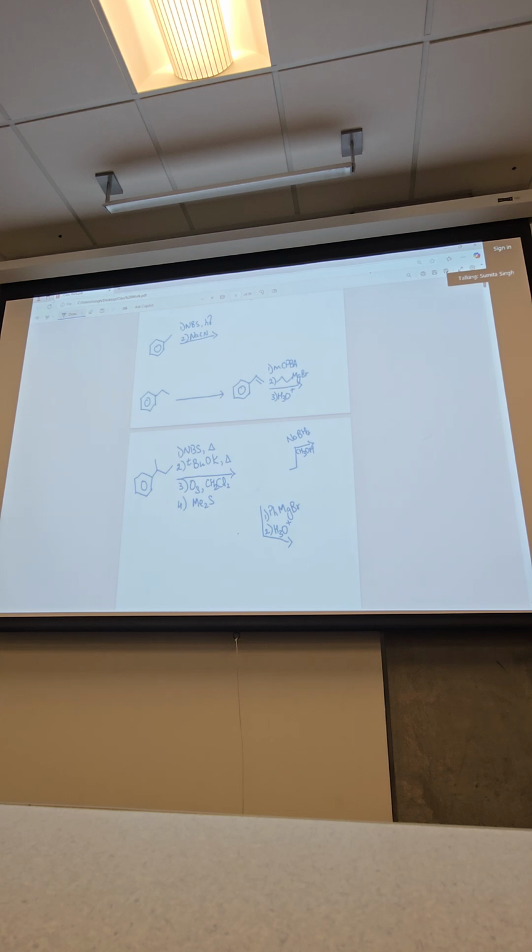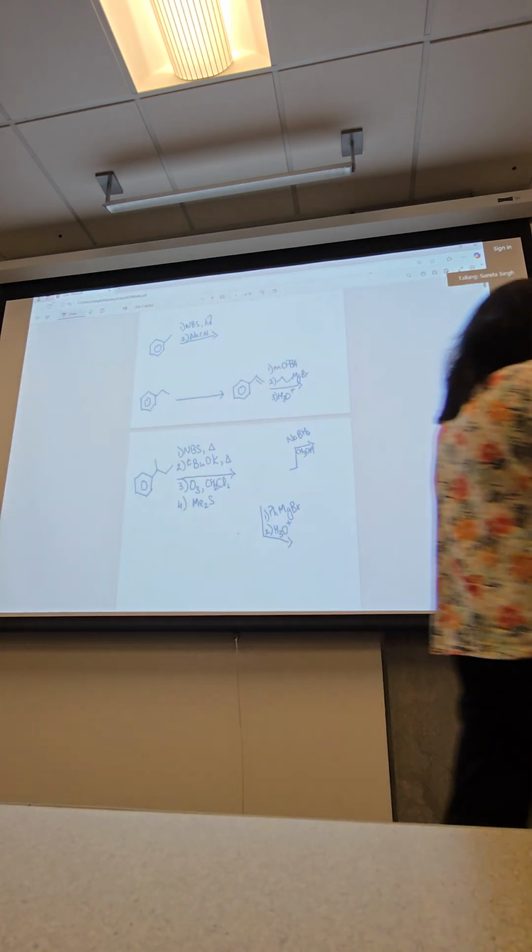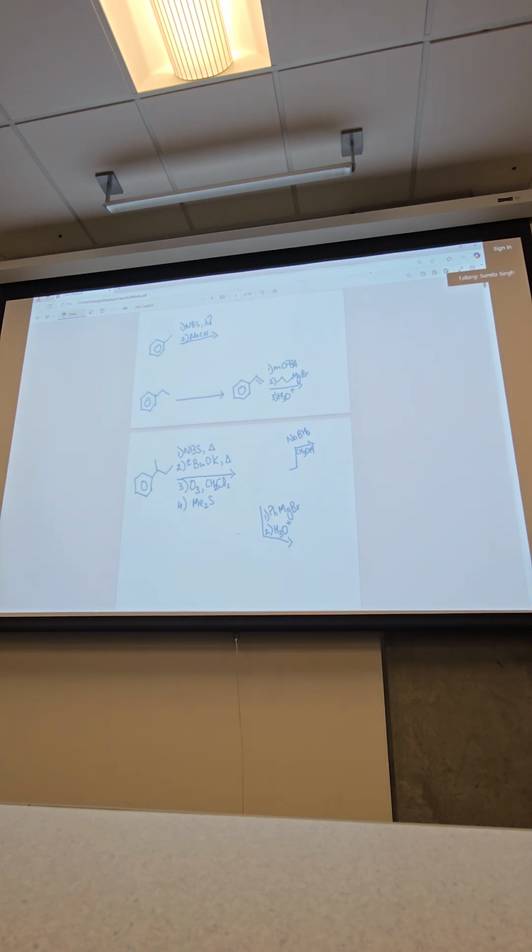First one, NBS. Benzylic bromide. So NBS puts a bromide on the benzylic position.